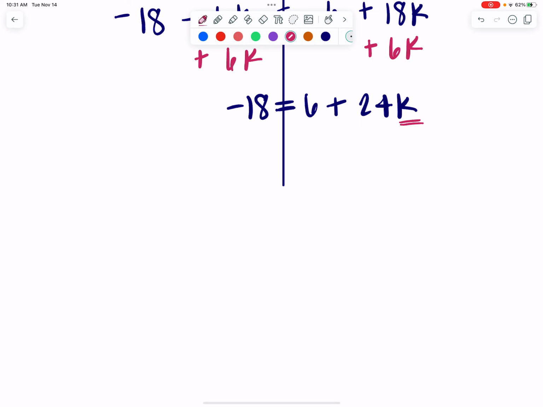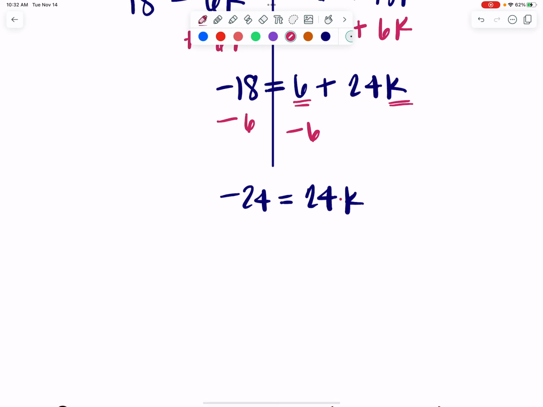Now, these are your best friends, so we want to move those first. This is a positive 6. The opposite of a positive 6 is a negative 6. So I get a negative 24 on the left and 24K on the right.